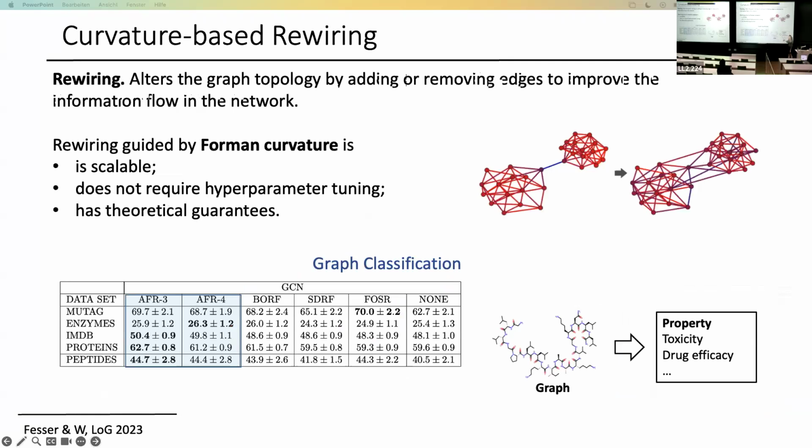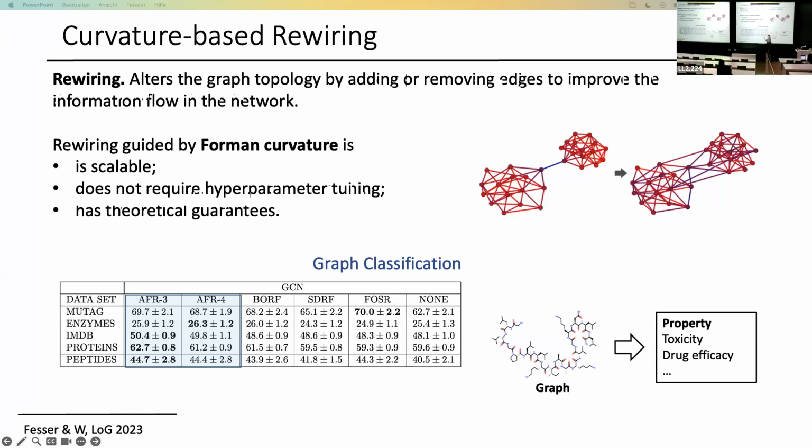So remember, this was one of the examples where our input was a set of graphs, each of which represents the chemical structure of a molecule, and we want to label them. And then you see here for a GCN, a graph convolutional network, that's like a classical message passing neural network. And then you see here in the last column, this is the accuracy that the GCN reaches if we don't do any pre-processing.